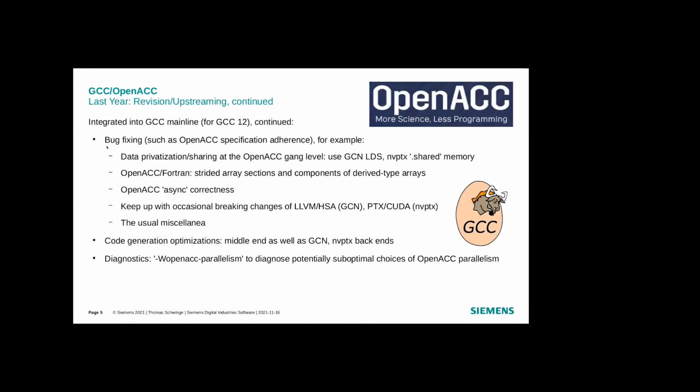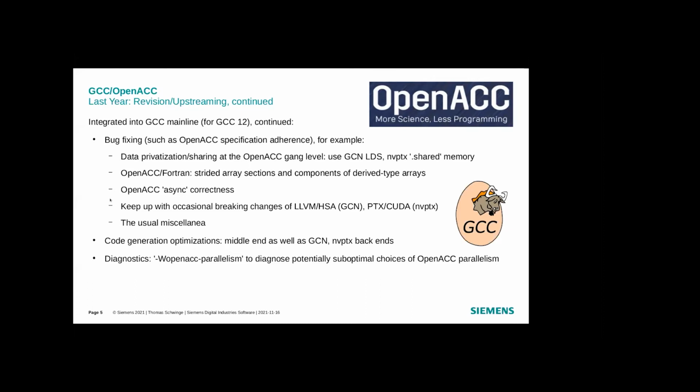Then, the usual bug fixing, like making GCC adhere to the OpenACC specification. For example, just a few: data privatization at the gang level, where we have to use GCN LDS or PTX shared memory. We have done quite a number of Fortran front end and GCC middle end changes to support data types that appear in Fortran.